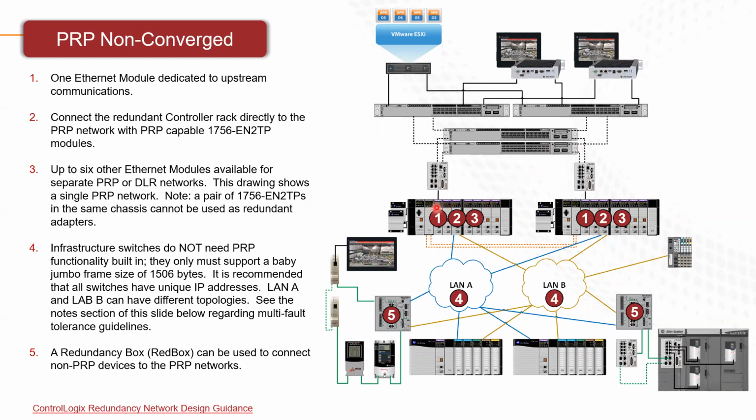So basically that means we have a separate Ethernet card that would be coming up into our enterprise or our HMI layer up here. And then we'd have our PRP modules down below. Once again, we have our LAN A and LAN B. And again, the topologies here are completely up to you, flexible of what topology you want to choose.